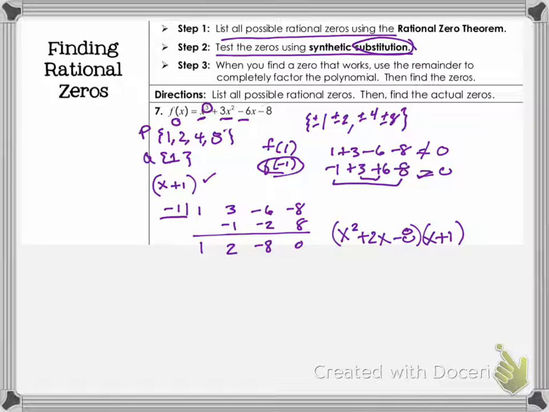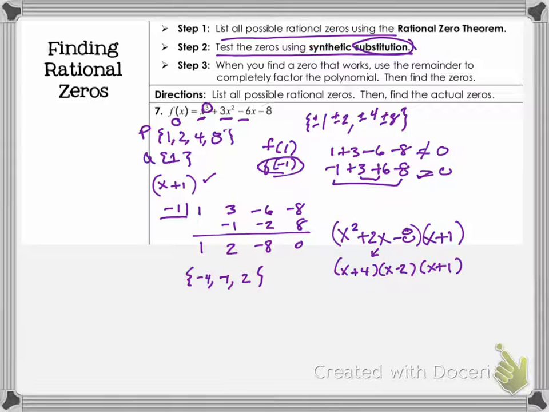So let's factor this now. We should be able to just factor that to x plus 4, x minus 2, and x plus 1. So our zeros are negative 4, negative 1, and 2.